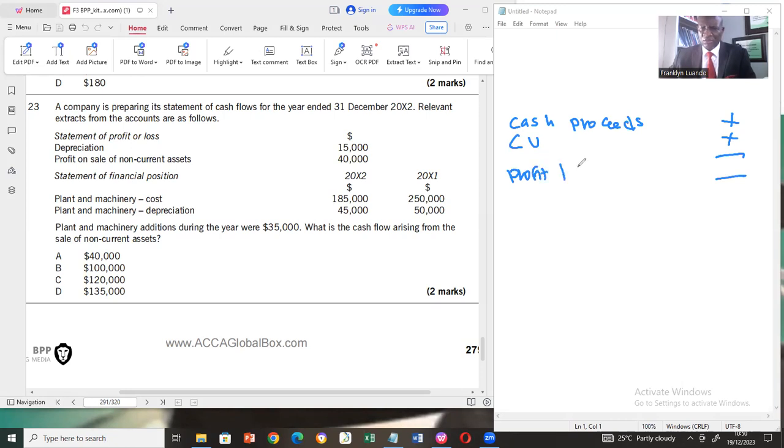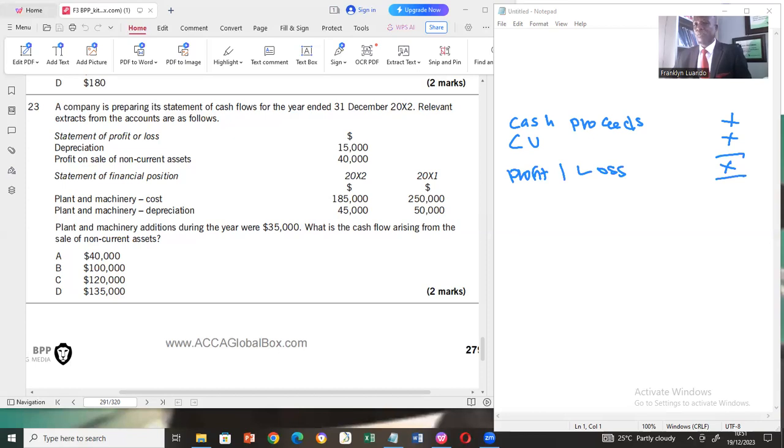When the cash proceeds are greater than the carrying value, there will be a profit. If the cash proceeds from the sale of a non-current asset are less than the carrying value, then there will be a loss.